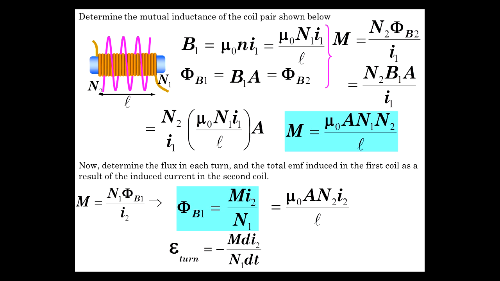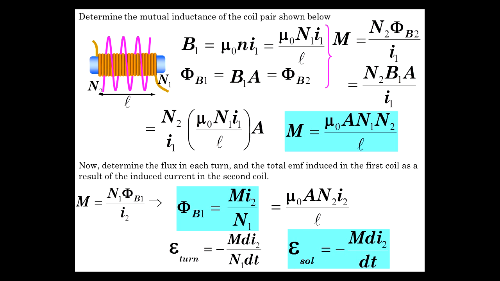The EMF per turn in the first one is not dependent on how many turns there are. Because whatever flux is produced from the second coil in the region of the first coil is going through the first coil, the answer to that has nothing directly to do with how many turns there are in N1. Because all the flux is going through each one.